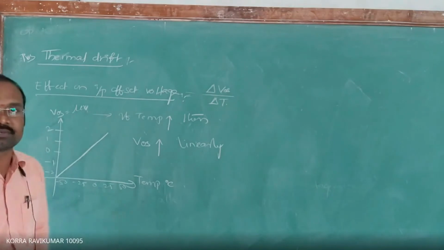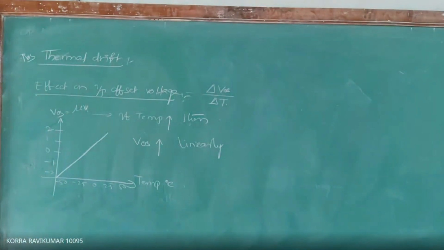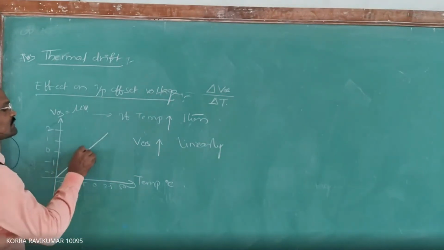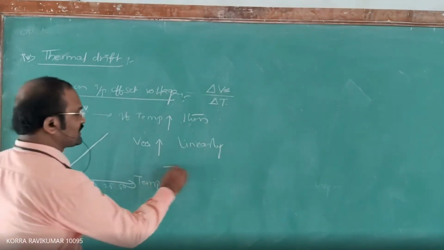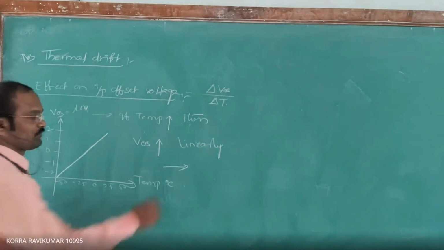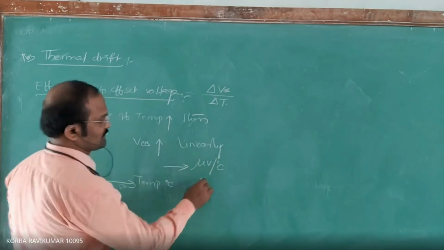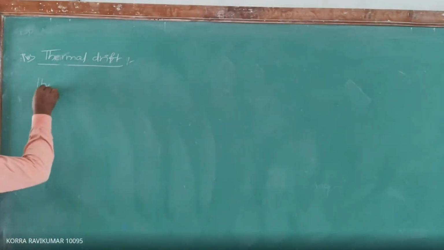We can call this concept linearity. Voltage increases linearly with respect to the temperature. The unit for this is microvolts per degree centigrade.